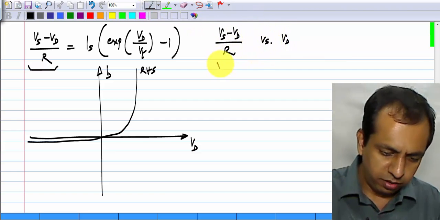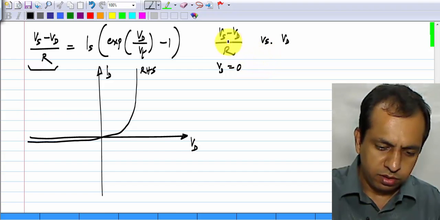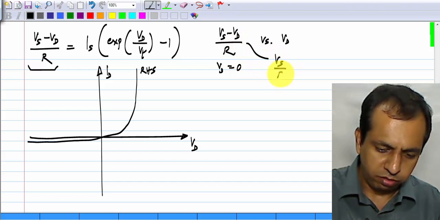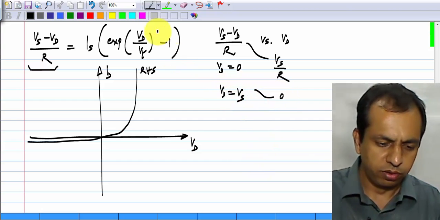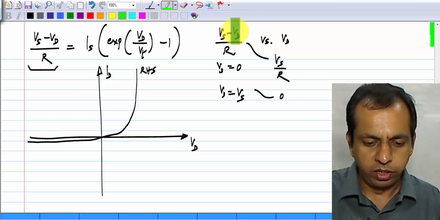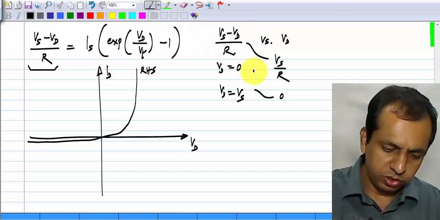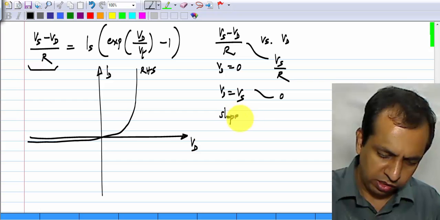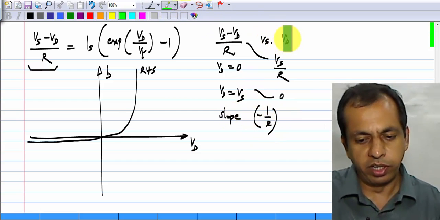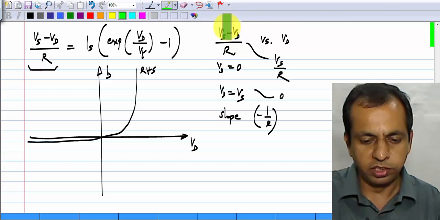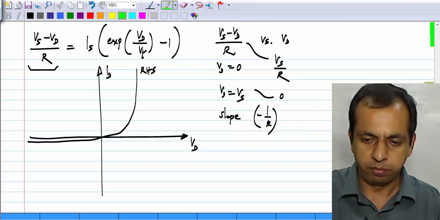So, when Vd equals 0, this function will be Vs by R, and when Vd equals Vs, this function will be 0, and it is obvious that it also has a negative slope, and the slope is minus 1 by R. Remember, Vd is the independent variable here, and the coefficient of Vd in this function is minus 1 by R.